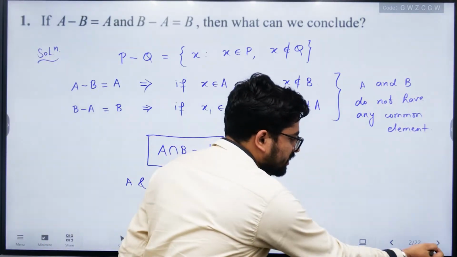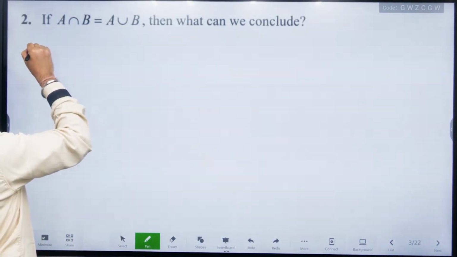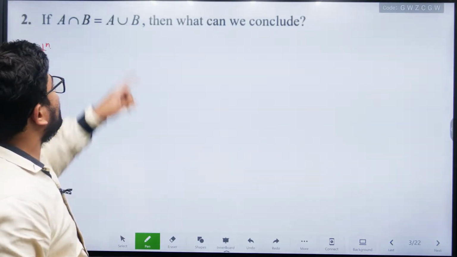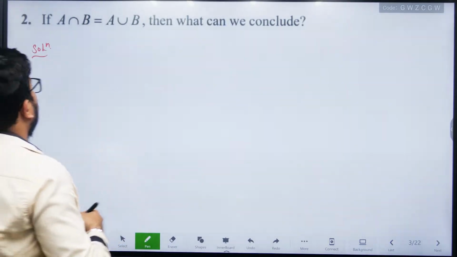Okay, now the next question is: if A intersection B is equal to A union B, then what can we conclude? Now we know one thing.